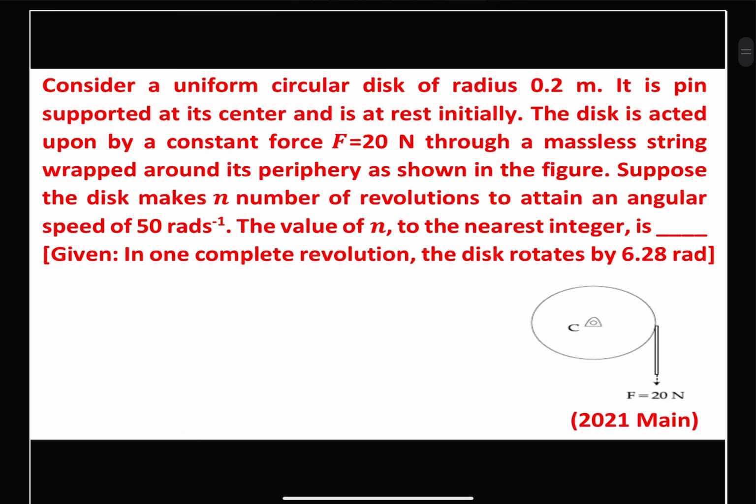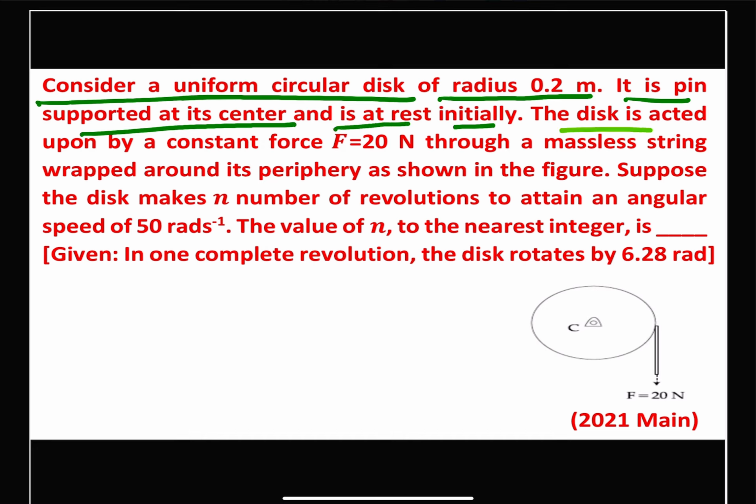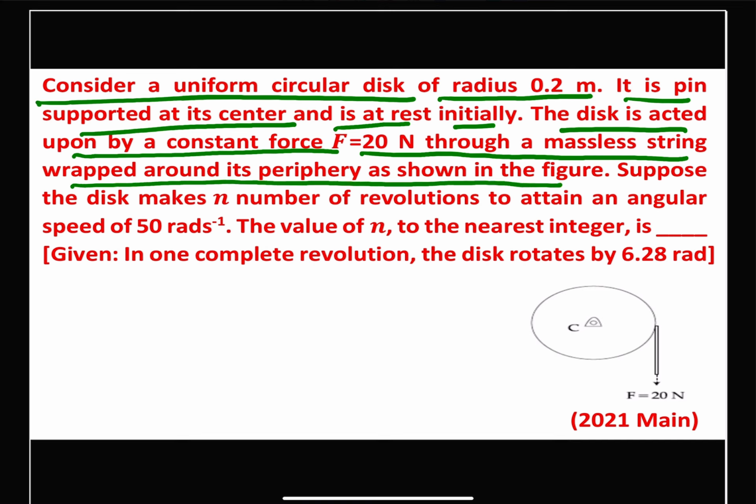It states that consider a uniform circular disc of radius 0.2 meter. It is pin supported at its center and is at rest initially. The disk is acted upon by a constant force F of 20 Newton through a massless string wrapped around its periphery, as shown in the figure.